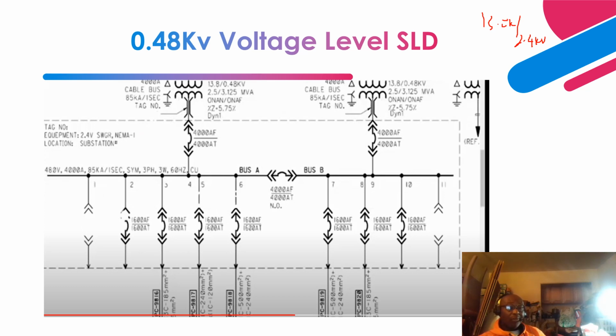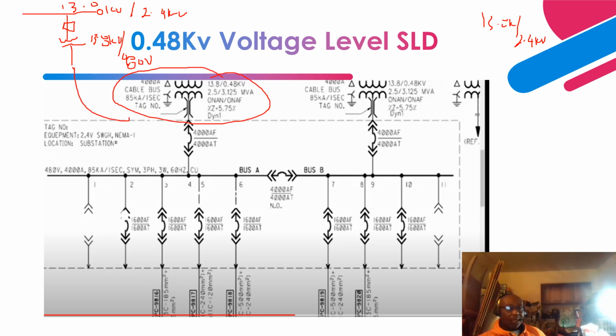Remember, I indicated that you can have 13.8 kV or 2.4 kV switchgear, with a breaker in the switchgear that goes to a step down transformer. The step down transformer steps the voltage down from 13.8 kV to 480 volts. From there, you should be able to provide a feed, so that is what you're seeing over here.